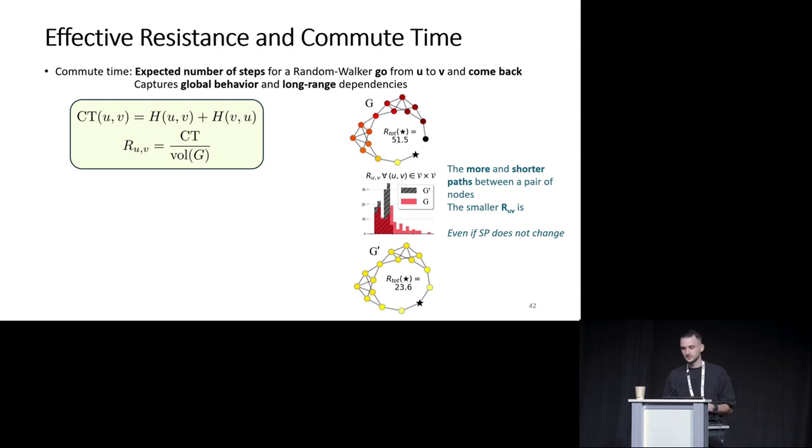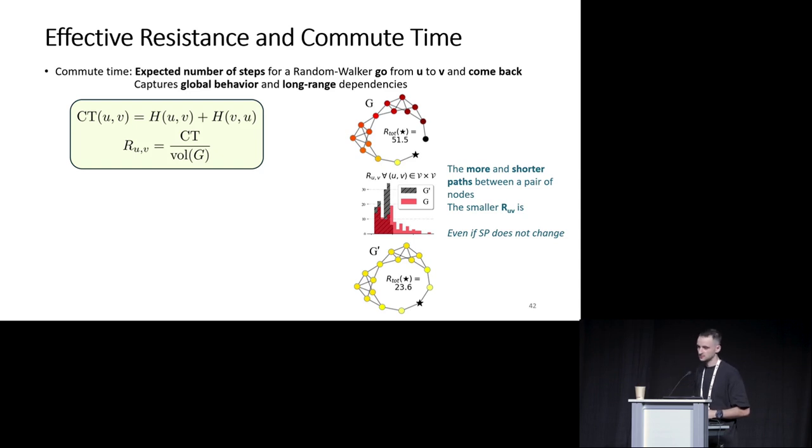Given, as Ameya explained before, that it is based on the random walk, it captures the global behavior and the long-range dependencies. The hitting time is just the expected number of steps from going from one node to the other. That's why the H is there, and the commute time, coming back, is symmetric. And the effective resistance is the commute time divided by the sum of degrees of the nodes in the graph, which is the volume of G.